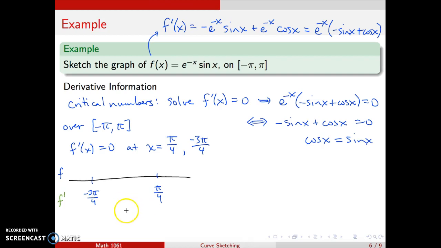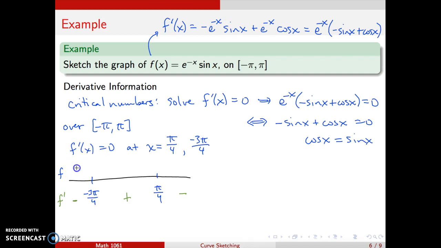Let's do something in between. How about at 0? It's going to be positive. Something out here, let's try pi over 2. Pi over 2, it's going to be negative. And out here, try something, if you want a specific value, but the derivative is going to be negative.